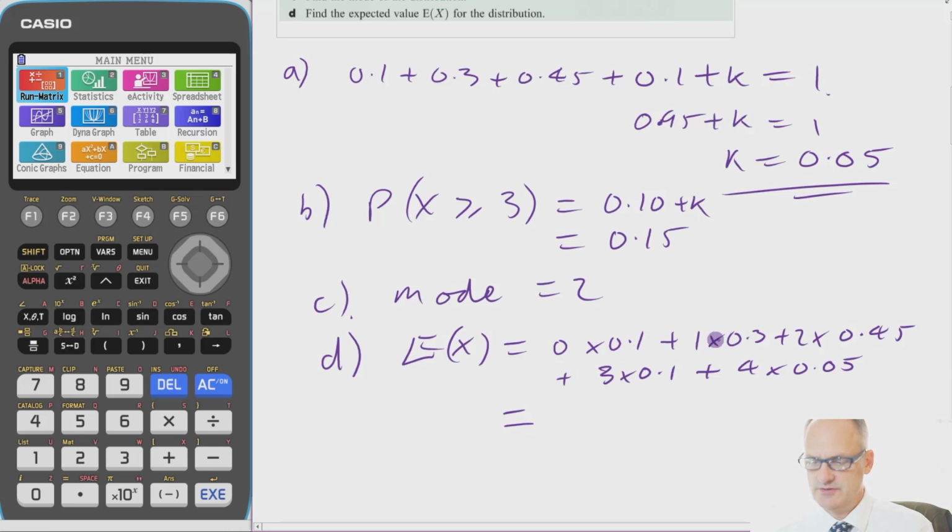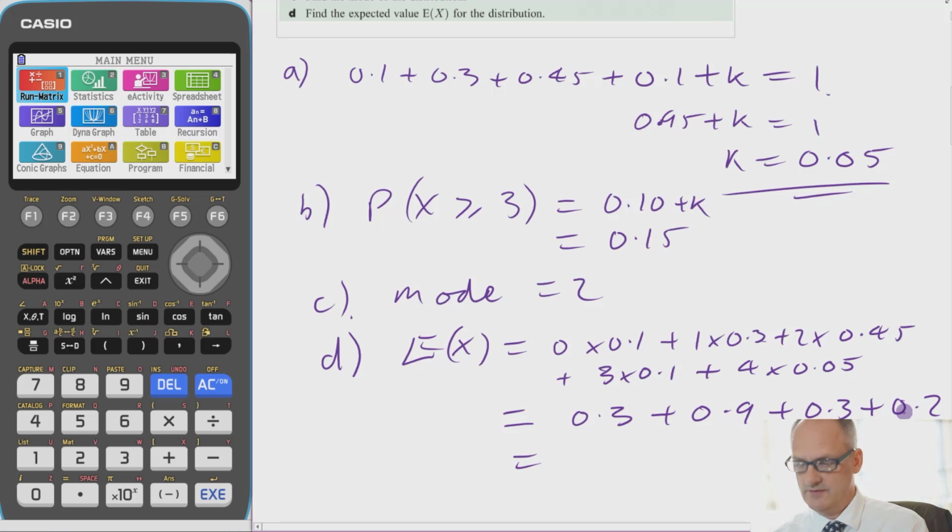So this is equal to 0, plus 0.3, plus 0.9, plus 0.3, plus 0.2 when you multiply these two together. So we've got 0.3 plus 0.9 is 1.2, plus 0.3 is 1.5, plus 0.2 is 1.7, our expectation.